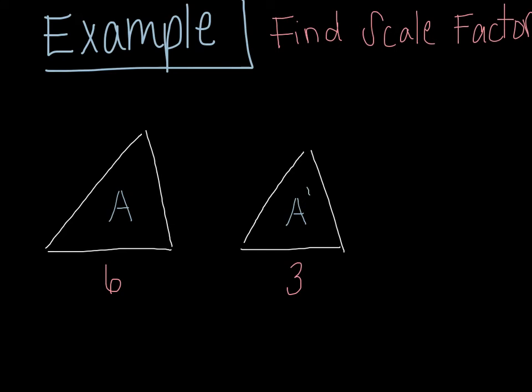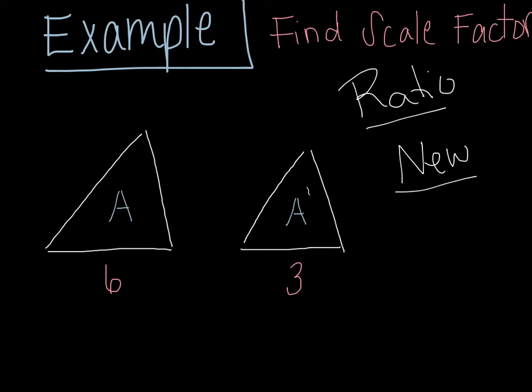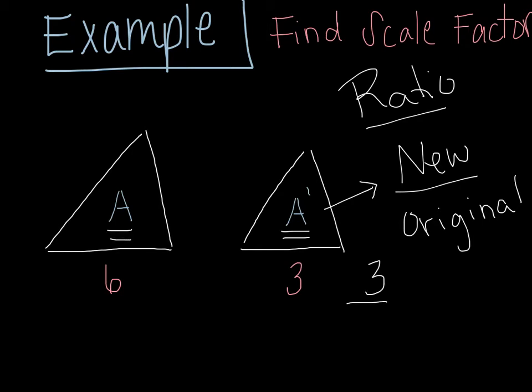In this next example, we're finding the scale factor of the two triangles. Remember that our ratio has the new image up top over the original image. So our new, A prime, is 3 over our original, which is 6.